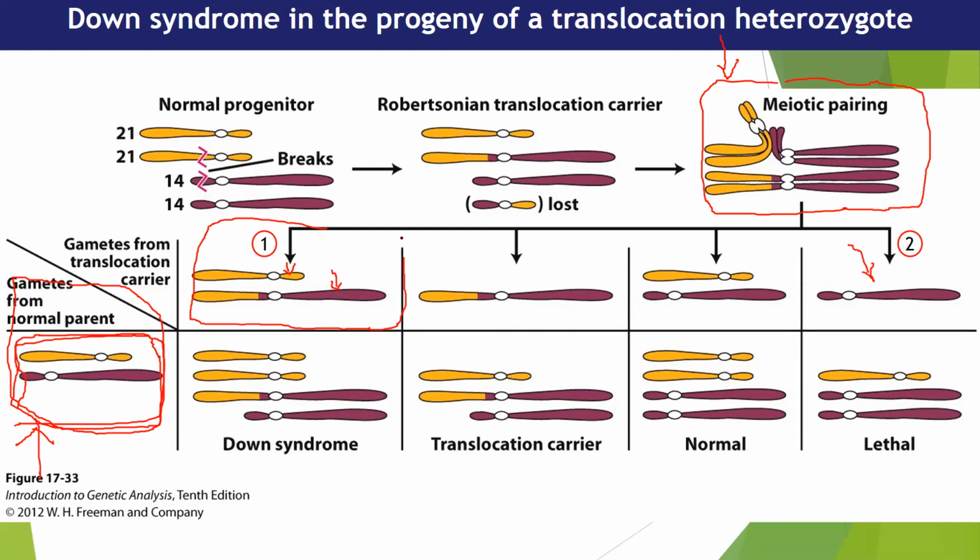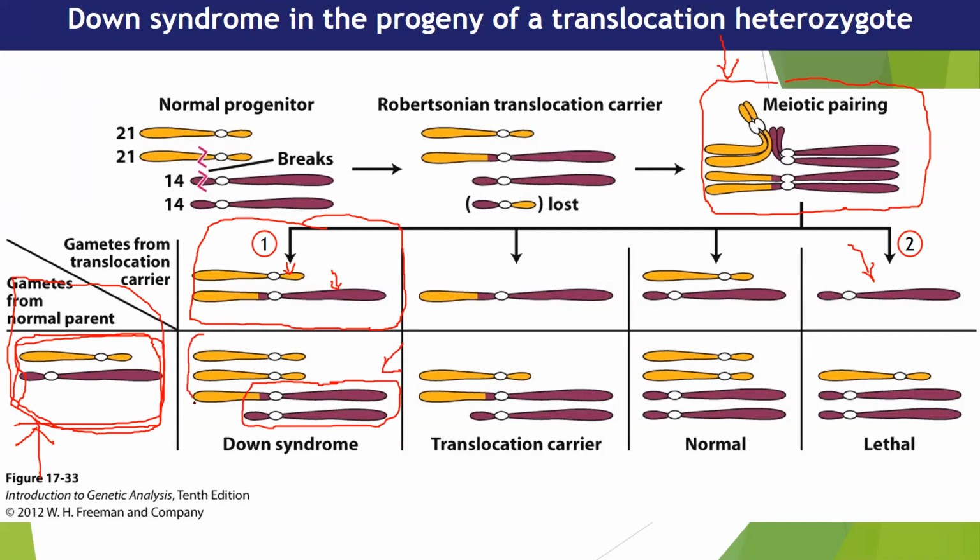If we have a gamete like this produced by the carrier parent, and this gamete joins together with the normal gamete to form this zygote, what is this? As you can see, for chromosome 14, it's balanced, because we just have the standard copy of the genes on chromosome 14.